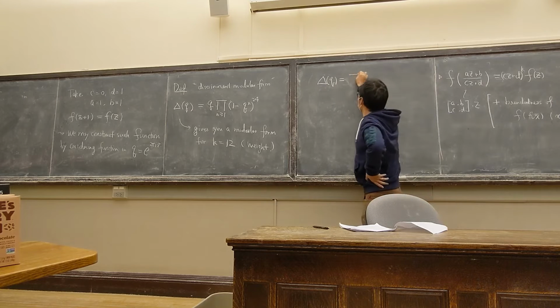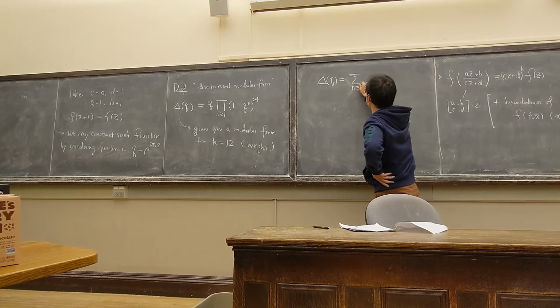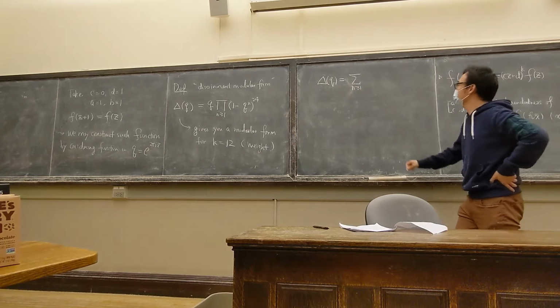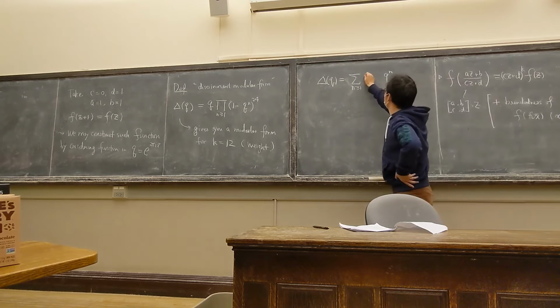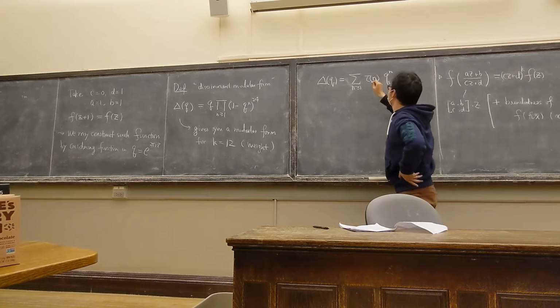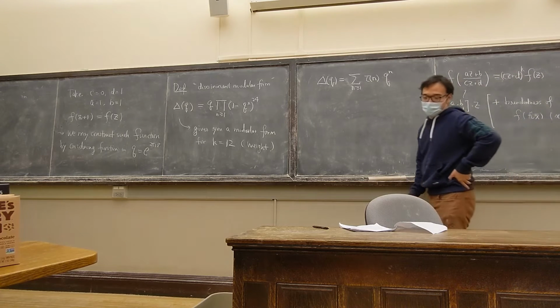The first term is q, so the power starts with n at least 1. So you can expand this in terms of q to the power of n, where the coefficient is defined to be tau n. So tau n is defined by this equation.